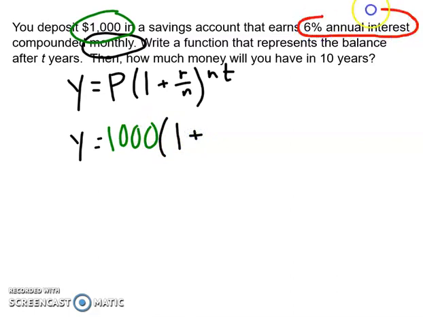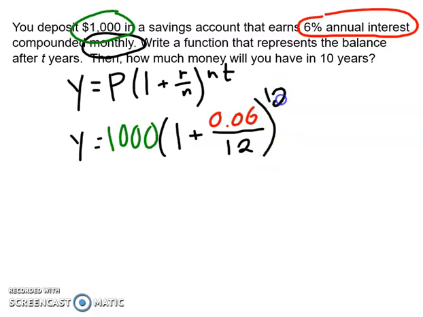It's 6% annual interest, so we write it as a decimal, 0.06, over the number of times this is going to happen per year. Since it is compounded monthly, our n is 12. Then we raise it to the n times t, which is 12 times t, and t is the time occurring, 10 years.